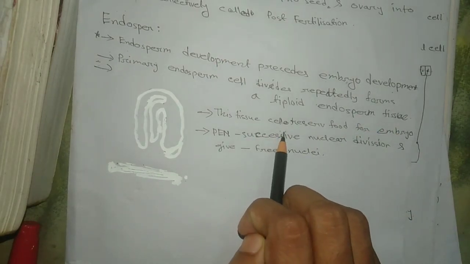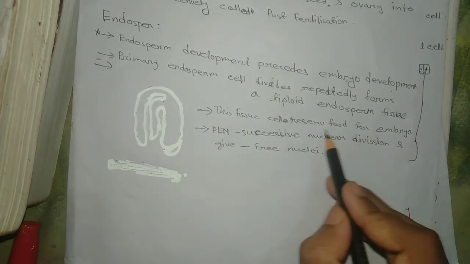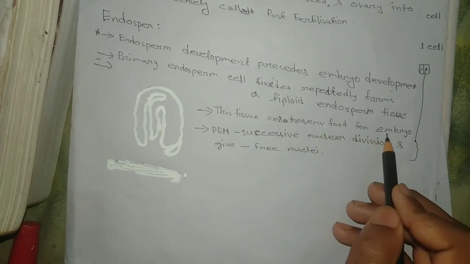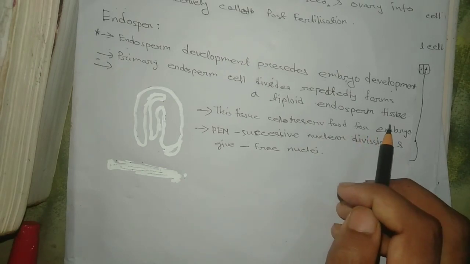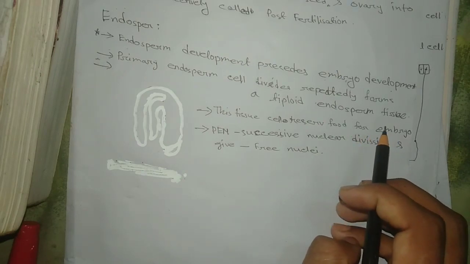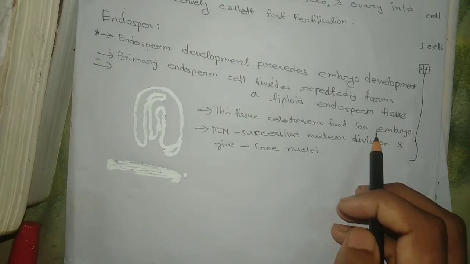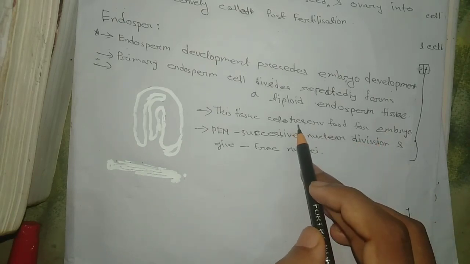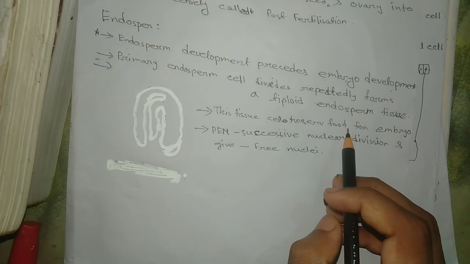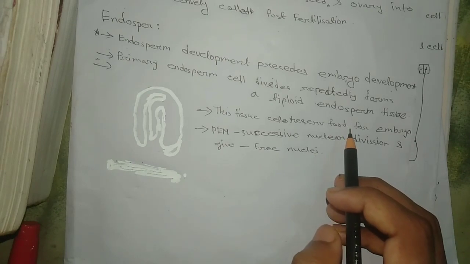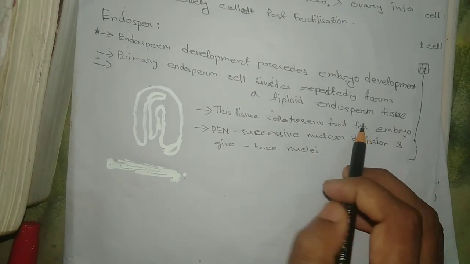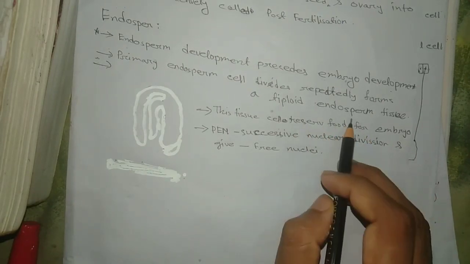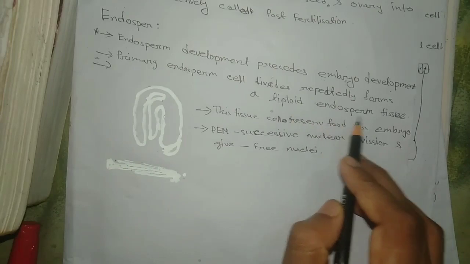In this tissue cell, food is reserved for the embryo. For growth, the embryo needs nutrients. So from where does the embryo get nutrients? From this tissue, the triploid endosperm tissue.